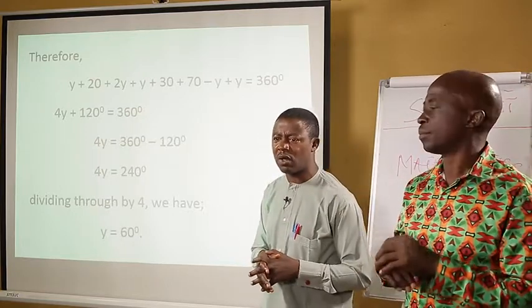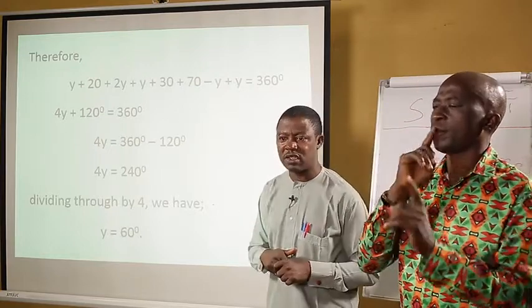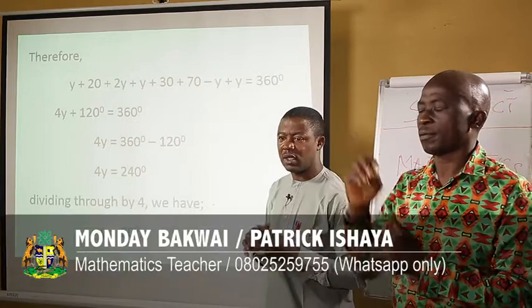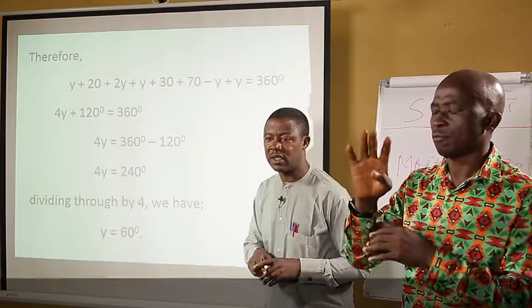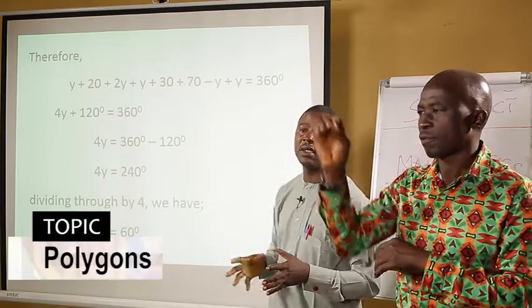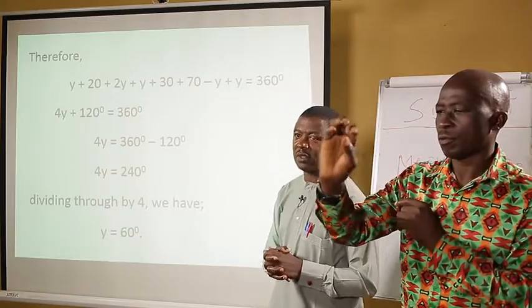And 240 degrees divided by 4 is 60 degrees. Hence, our y equals 60 degrees.